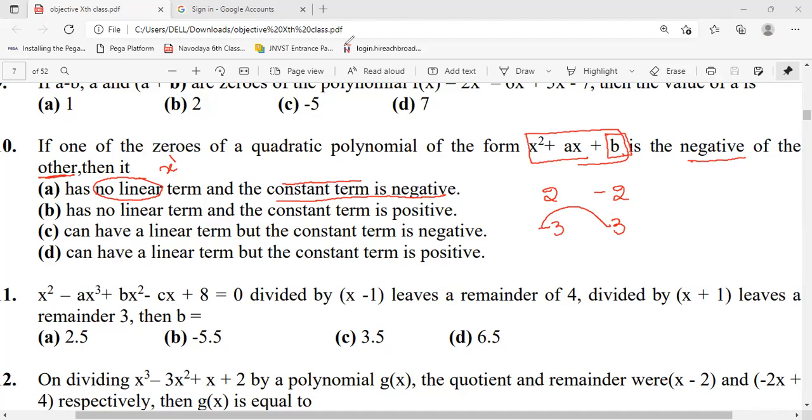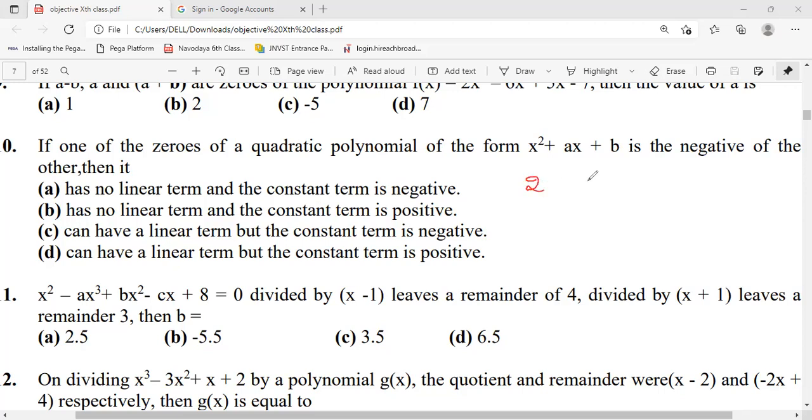To understand this, I am taking one example. One zero is 2, one more zero is minus 2. If you prepare a quadratic polynomial from here, just now we said the quadratic polynomial is x square minus alpha plus beta into x plus alpha beta.